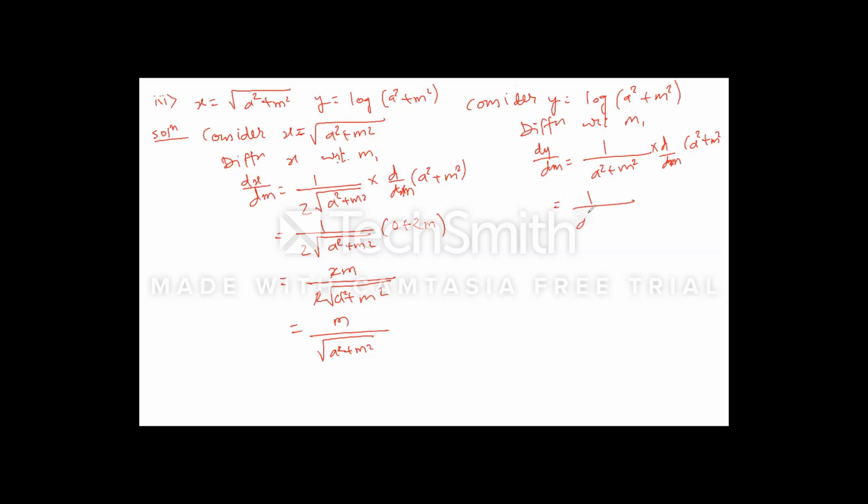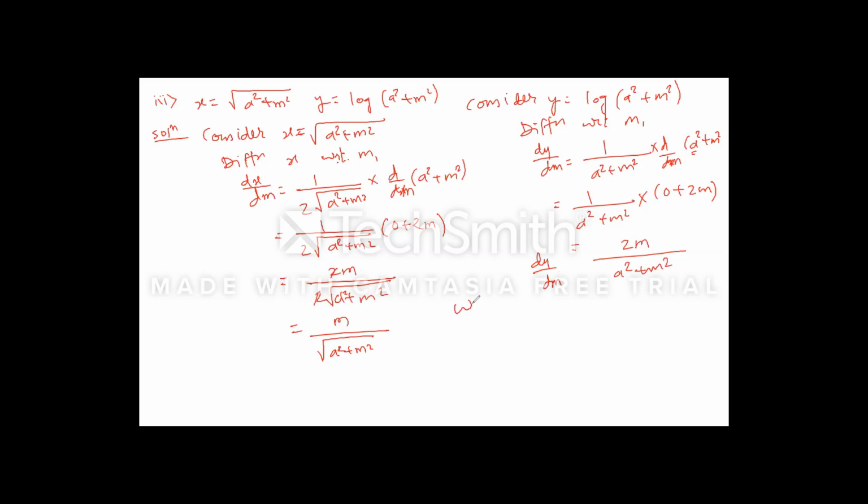What is the derivative of this? Constant derivative 0 plus m square derivative twice m. It becomes twice m upon a square plus m square. So this is our value of dy by dm.